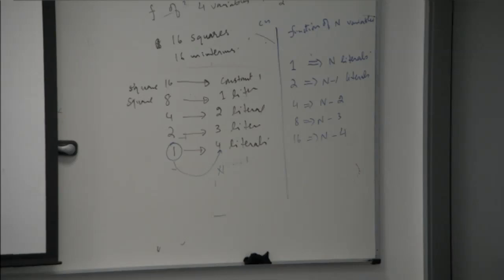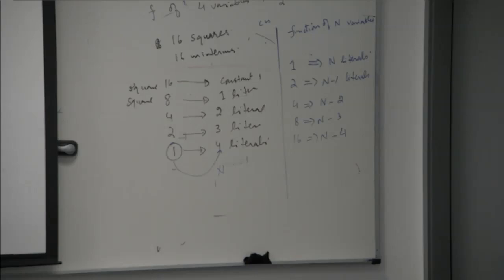1 square, how many literals? 5. 2 squares, a square of 2, 4, a square of 3. Yes, we have a function of 5 variables.